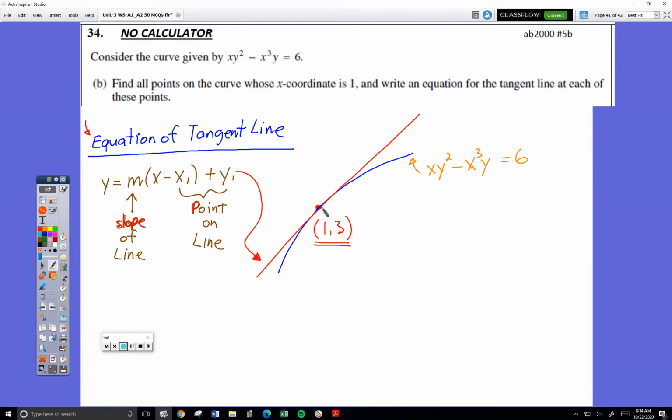So we learned how to do that in Unit 2. If I have an equation here that can be used to find every point on this curve, I can use my derivative rules to transform this equation into a new equation for dy dx. And the dy dx equation will be how I find all the slopes on the curve.